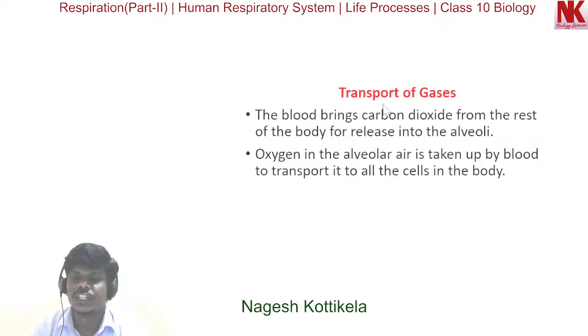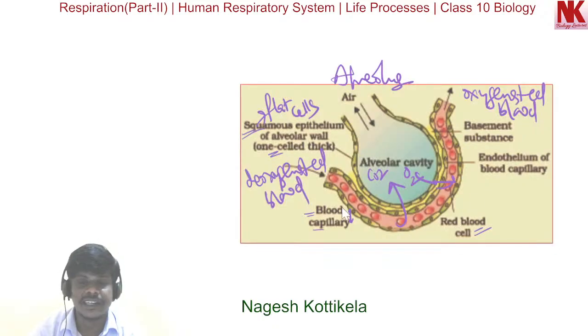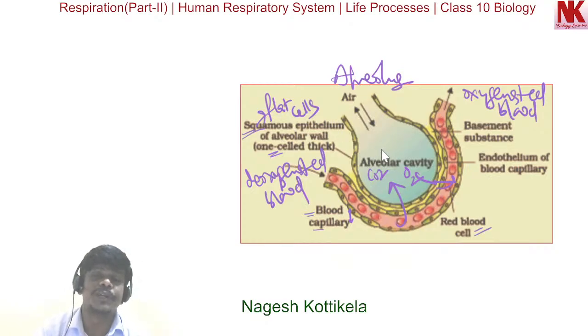Now, transport of gases. The blood brings carbon dioxide from the rest of the body for release into the alveoli, as we have seen here in the picture, alveolus. This blood is bringing the carbon dioxide to the alveolus, so that it can go out of the respiratory system.